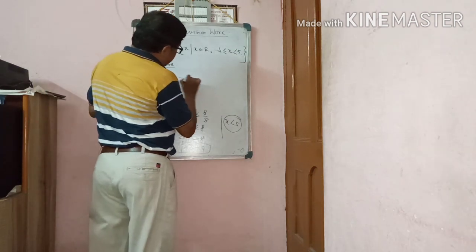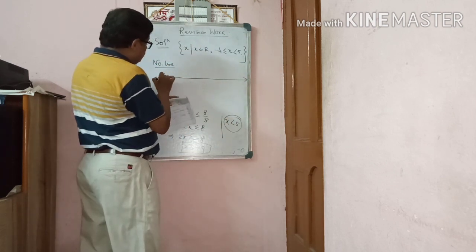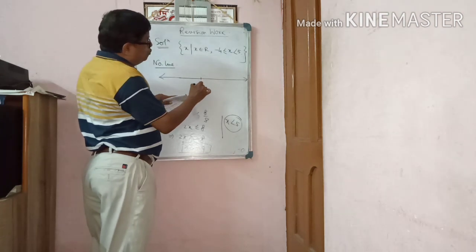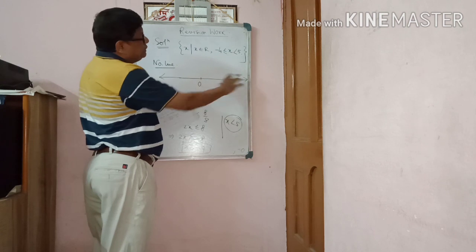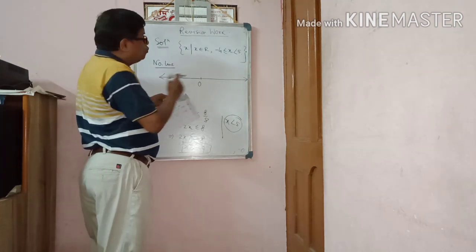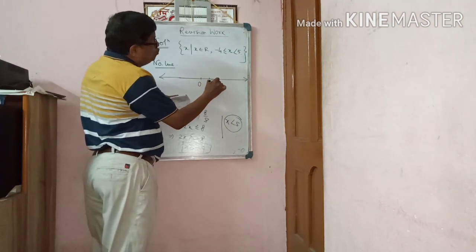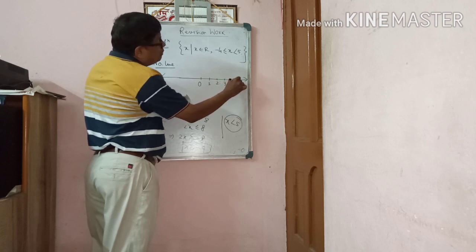First draw a line, both sides, and give arrow signs. In the middle first write 0. Right-hand side is plus 1, that side positive, that side negative. So write 1, 2, 3, 4, 5, suppose this is 6.